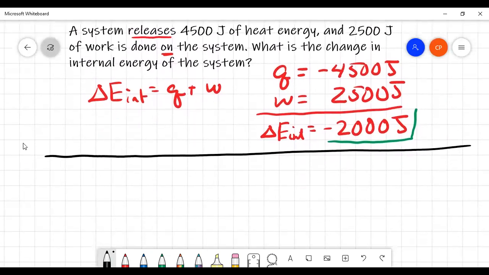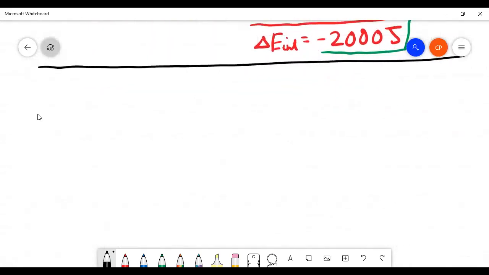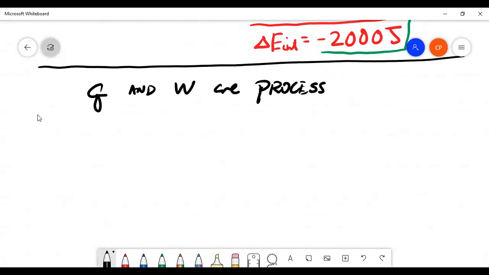Important thing number two is the identity of my energies here. Remember that heat and work are process energies.